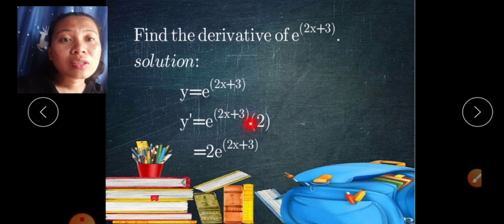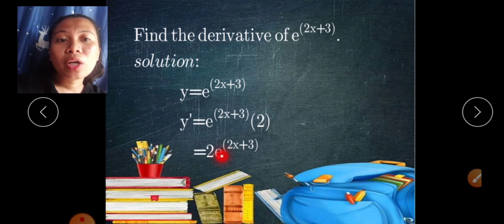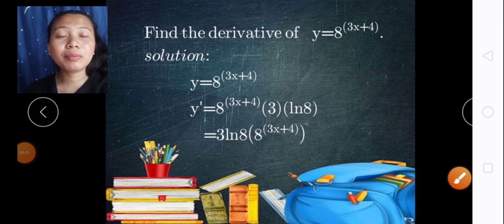So the derivative of our exponent, which is 2x plus 3, so the answer is 2. So when we simplify it, our final answer is y prime equals 2a to the 2x plus 3.